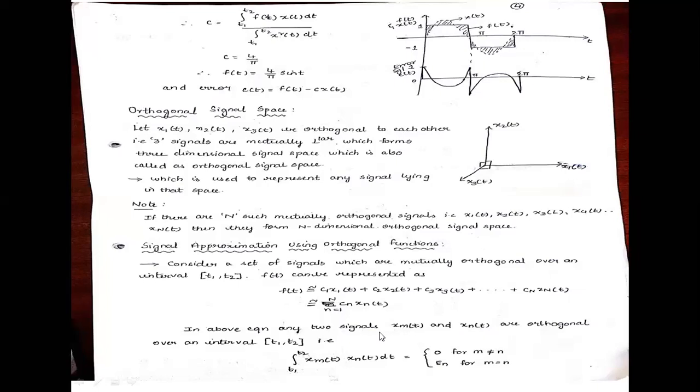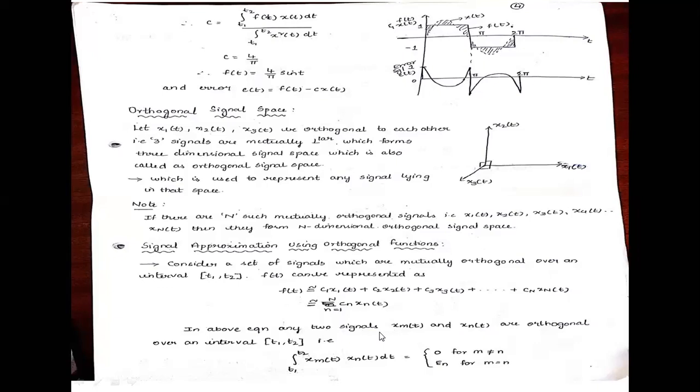If both are equal, say m is equal to n, the equation becomes x of t into x of t, that is, x of t whole square. The integral from t1 to t2 of x of t whole square dt is an energy signal. Energy is not at all equal to 0, my dear students. So when both are equal, that is the energy signal.